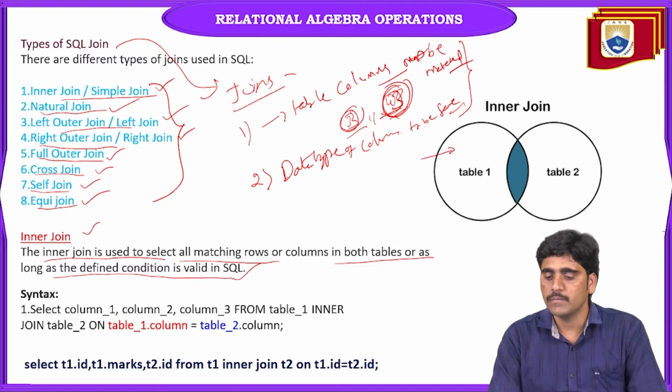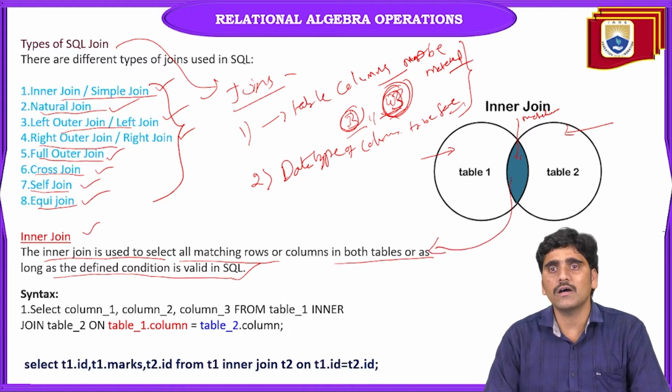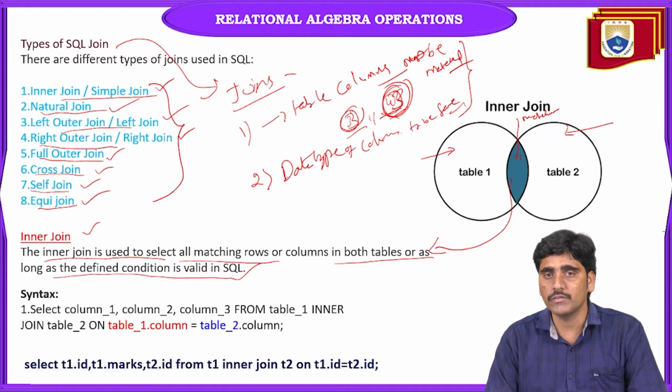This is table 1 and this is table 2. This is the matching of all the columns and rows. We are going to select these matching rows or columns in both tables by using inner join.